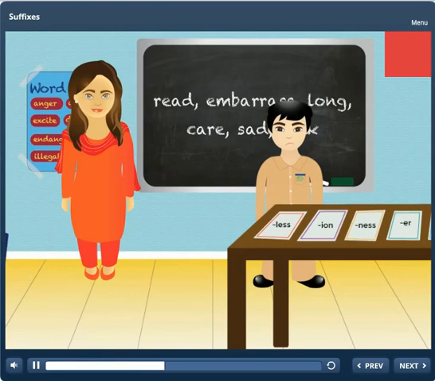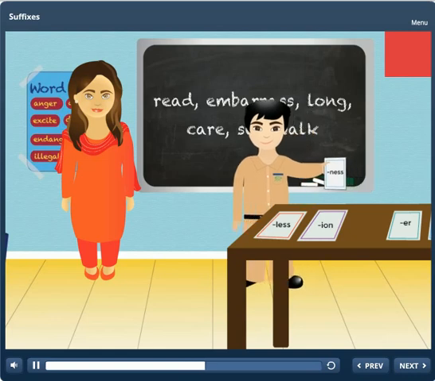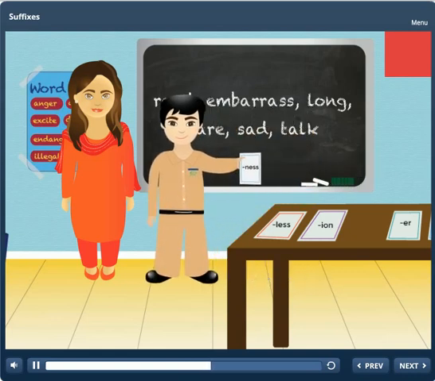With some words, we can fix more than one suffix at the end. Choose any suffix that you want. Sadness. Great job, Hamza.